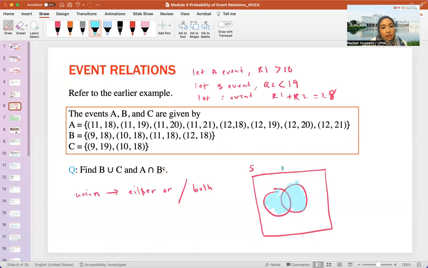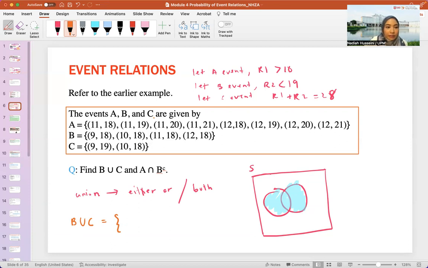So what is B union C? Anyone? How do I write this? What should be in B union C? Let's try it. If it's wrong, it's okay. All of the B and C will be included. Yes, correct.